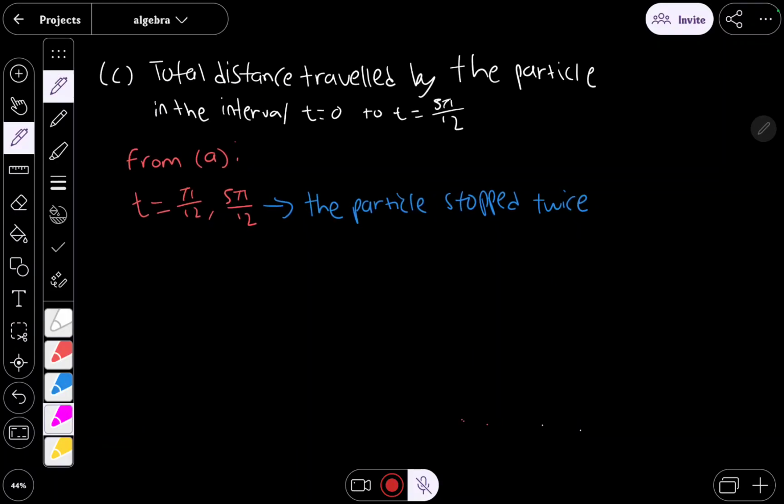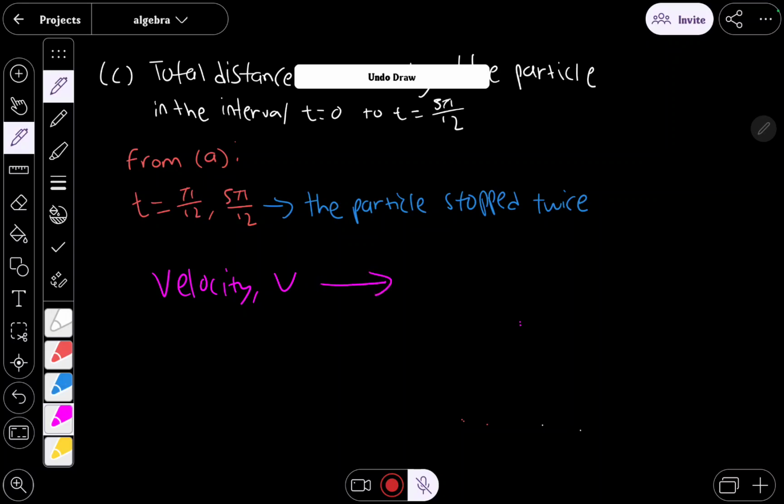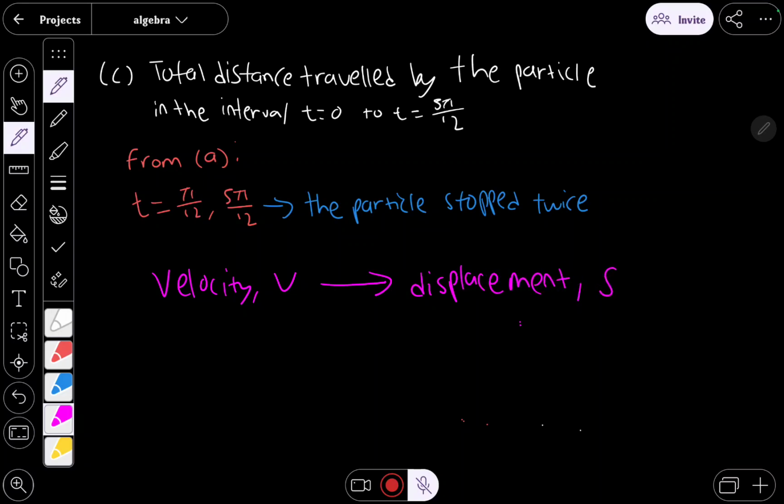To go from velocity v to displacement, or distance, which is the same thing here, displacement being a vector quantity s, we have to integrate v with respect to time.